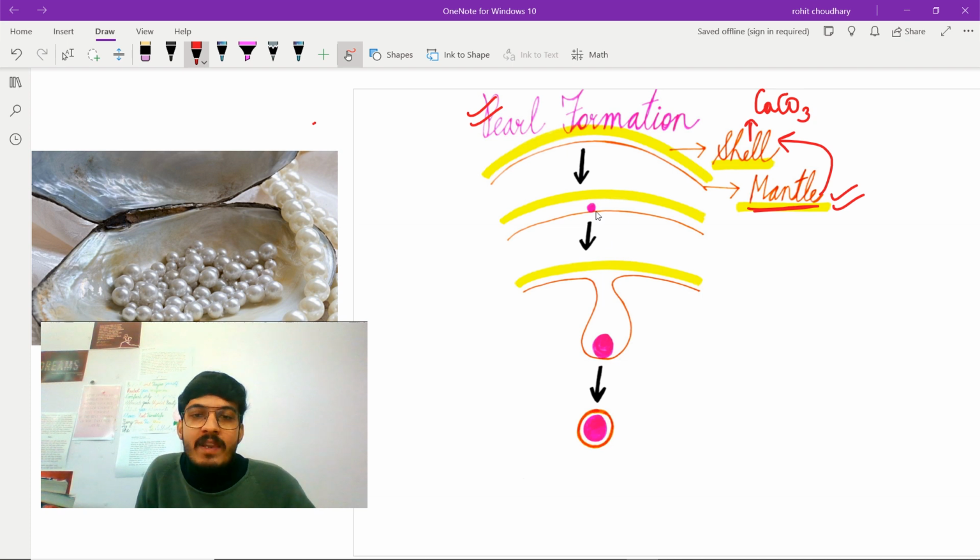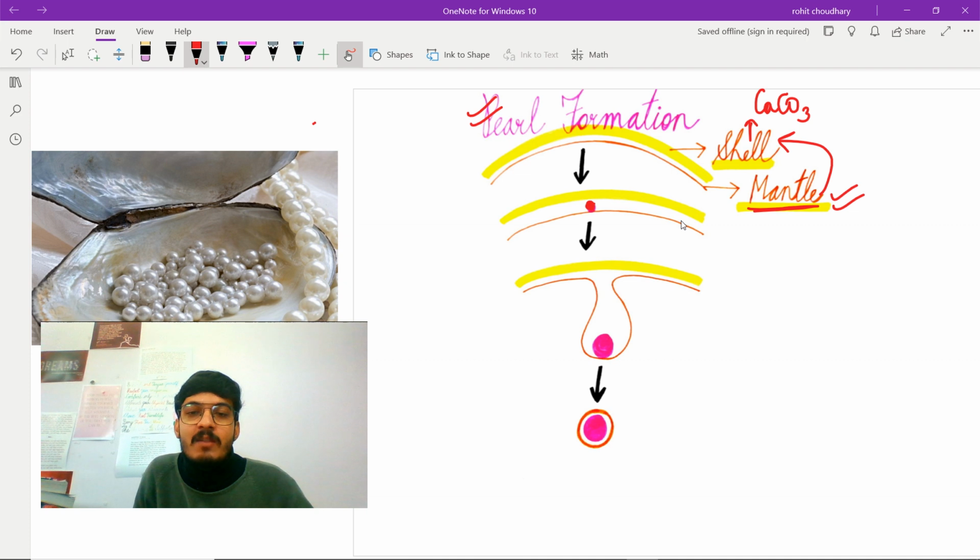Whenever any particle, suppose an irritant or a grain of sand, gets locked between the shell and the mantle, what happens? The mantle cells, which secrete the shell, penetrate the connective tissue and start secreting the shell material.